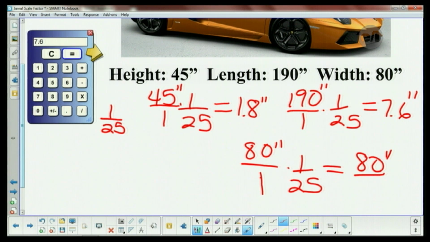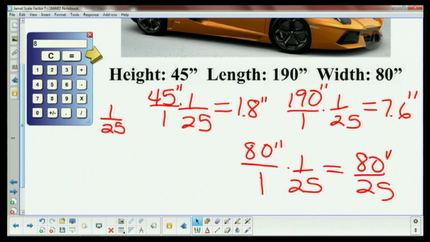These are inches. 1 times 25. I left those out just so you can see where that's coming from. If I take 80 and divide it by 25, I get 3.2 inches. So this thing is not very big.